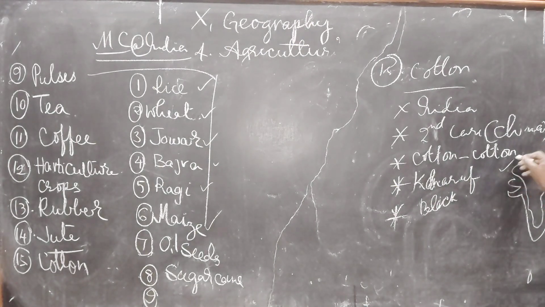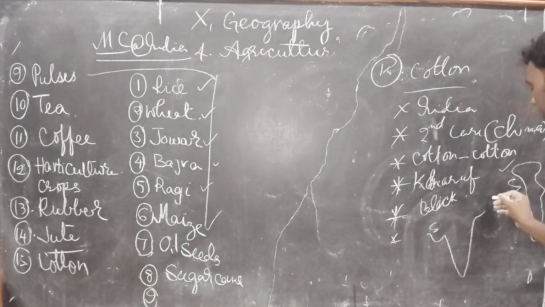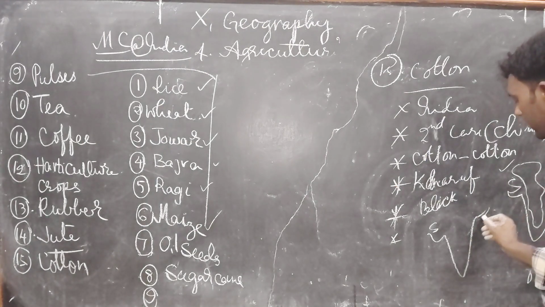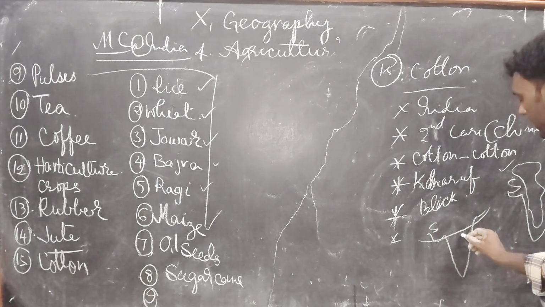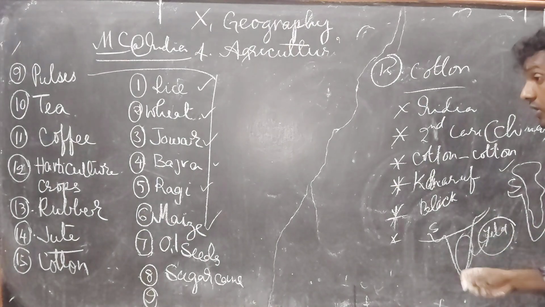So these areas are very suitable for the cultivation of cotton. And in southern India, people are cultivating cotton, and the growth and yield of cotton are also increasing nowadays.